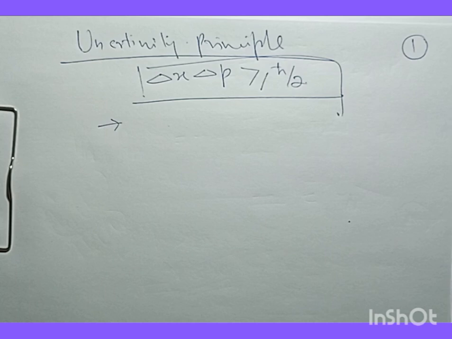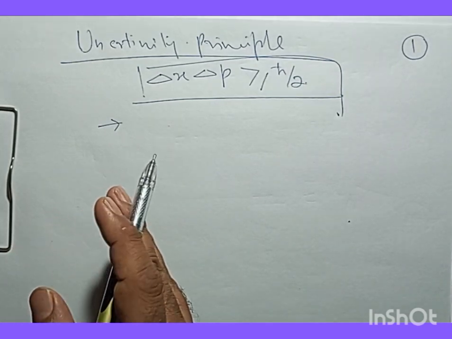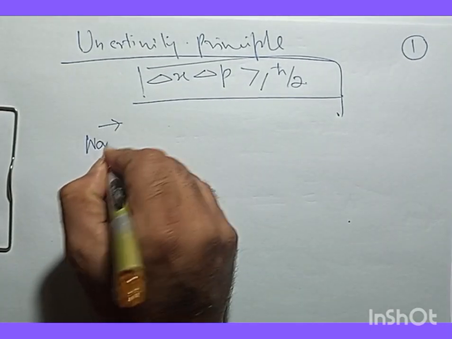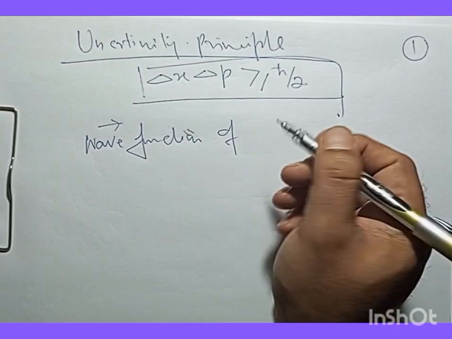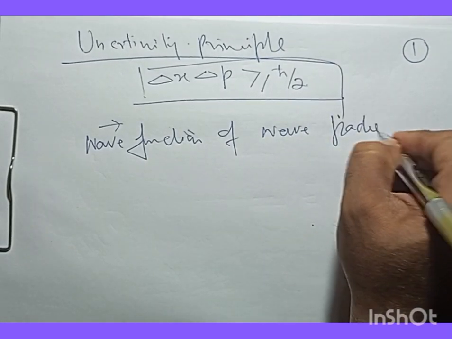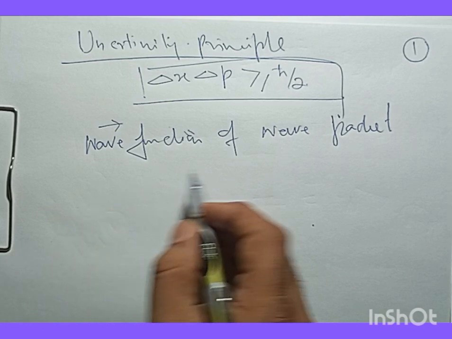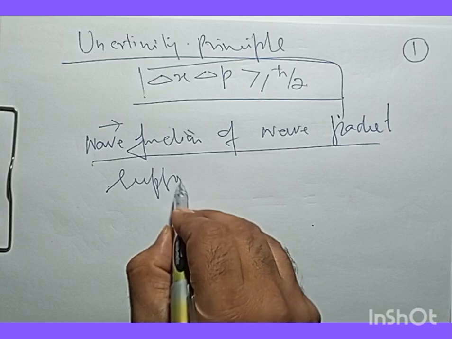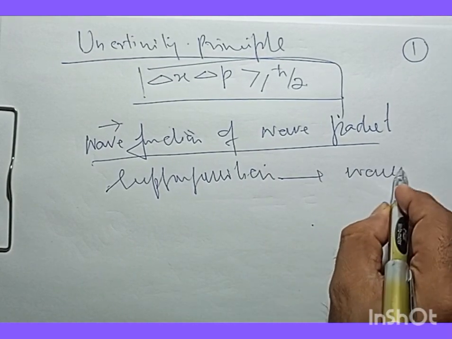Now, if we start with the wave function of a wave packet, and this wave packet is basically the superposition of a long range of waves.